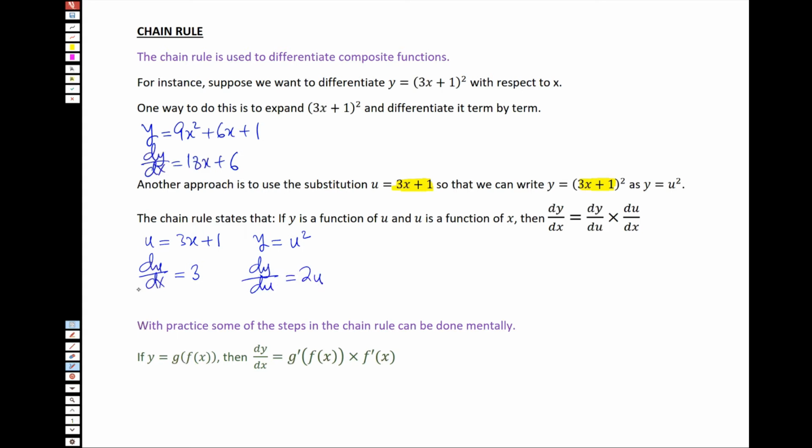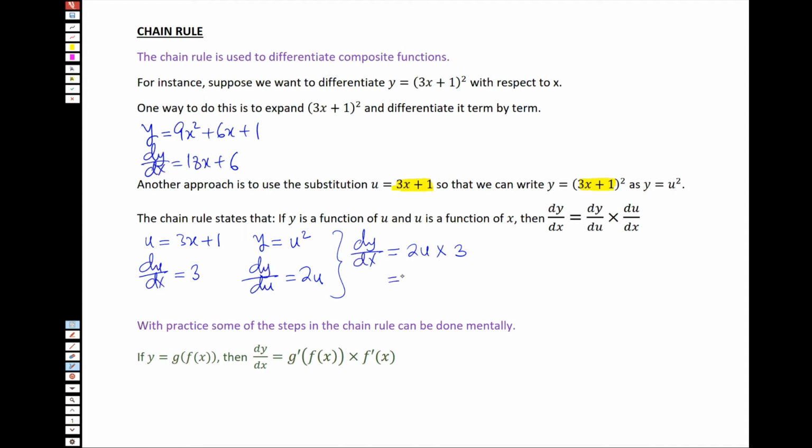And then we can combine these two using this rule. So basically, we shall end up with dy over dx being equal to dy over du, which is 2u, multiplied by du over dx, which is 3. But of course, we know that u is equal to 3x plus 1. So you can substitute that back.